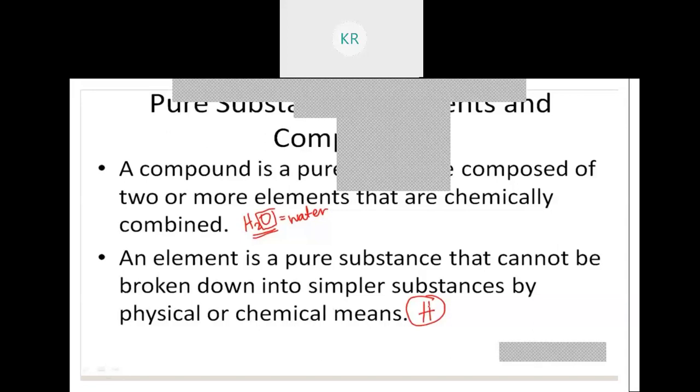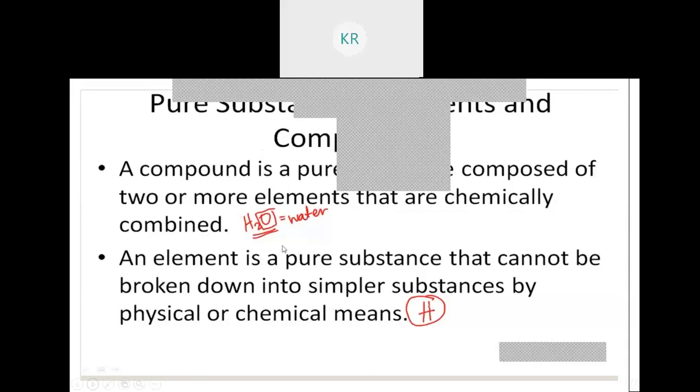So here you can see the definition also. A compound is a pure substance that is composed of two or more elements that are chemically combined. As you can see the example H2O. So the water molecule is an example of a pure substance, or compound.